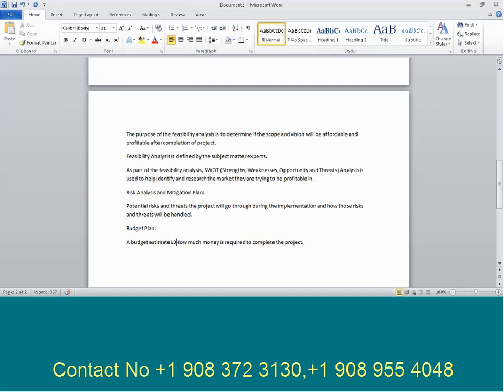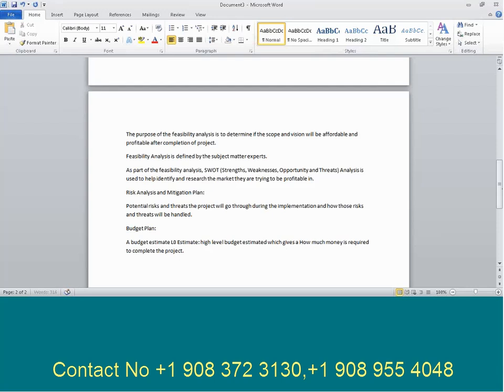L0 estimate is a high level budget estimate which gives a ballpark budget required for the project to be implemented.